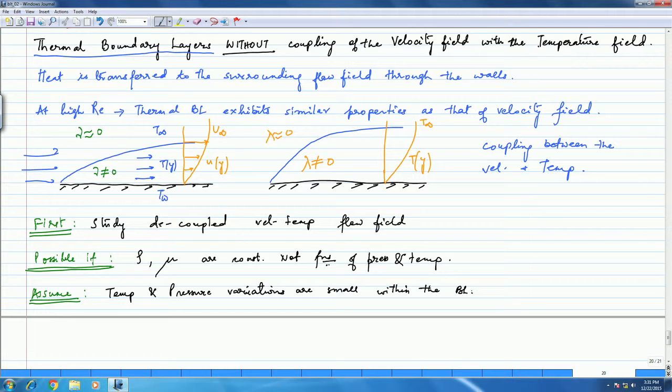That's something we can assume. So basically we're going to say that the temperature and pressure variations are very small within the boundary layer. Therefore, based on that, we can say that the kinematic viscosity is constant, not a function of pressure and temperature, and hence we can study the behavior of the temperature field and the velocity field as a decoupled problem. We don't have to combine the two.